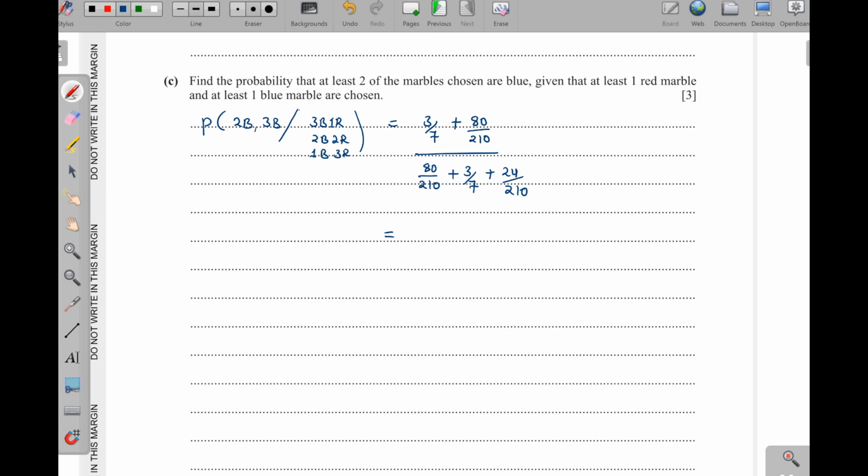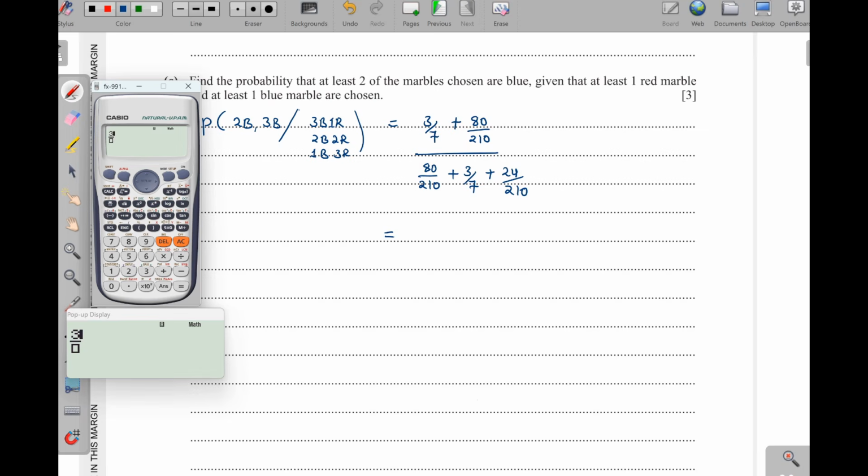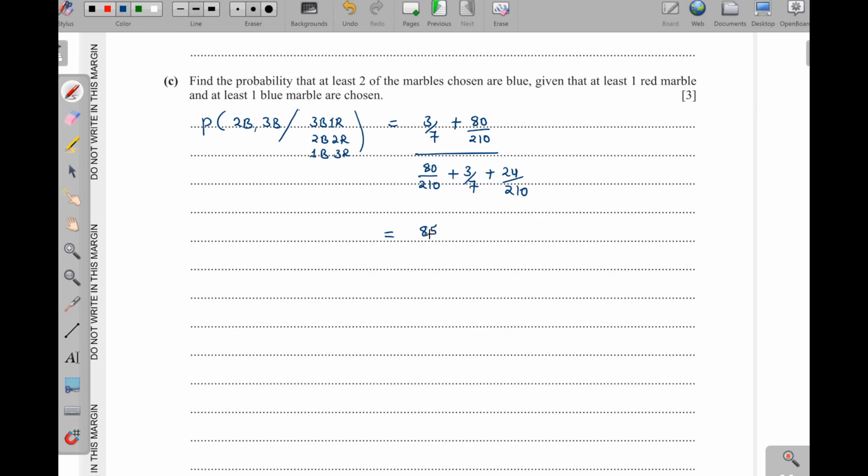So we put everything in the calculator and then we get our answer. 3 out of 7 plus 8 out of 21, then we go down again, 3 out of 7, then plus 8 out of 21, then plus 24 out of 210. So we get 85 out of 97. You can write your answer to 3 significant figures or you leave it there.